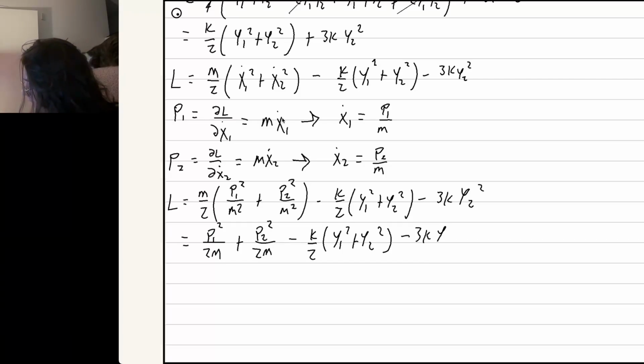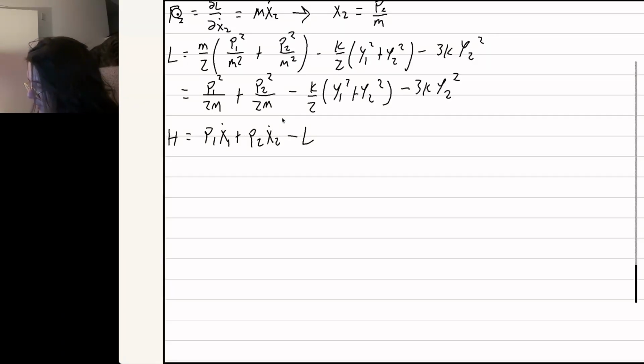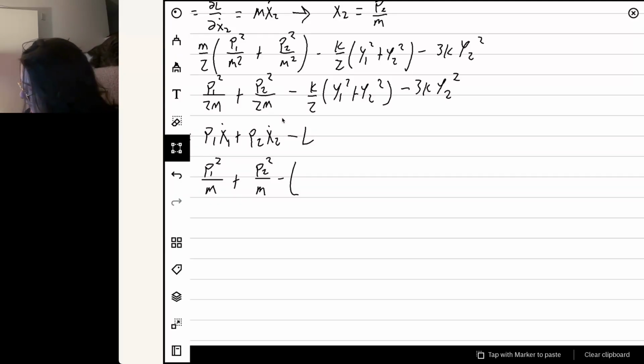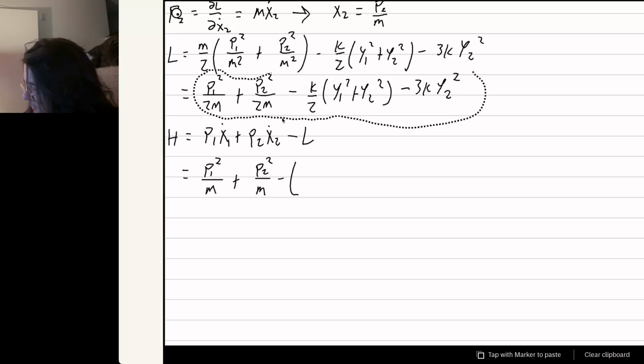Now we can construct the Hamiltonian, which is going to be p1 x1 dot plus p2 x2 dot minus the Lagrangian. We've already solved for p1 and x1 dot, so we'll just put that in. That's going to be p1 squared over m plus p2 squared over m, minus all of this stuff from before. I'm just going to copy it over.